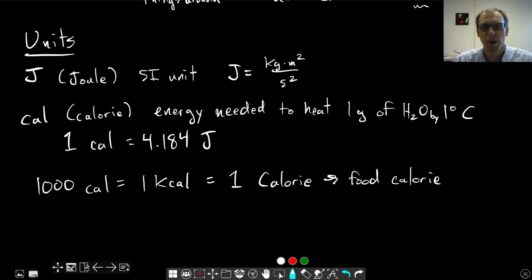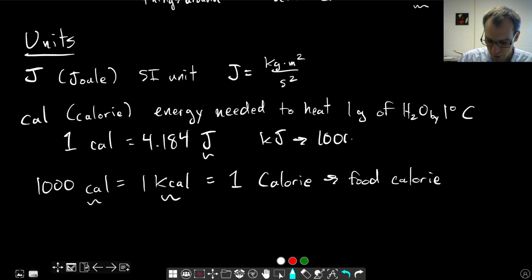It's how much energy is present in that food that you're going to eat and take into your body. And so that calorie is actually 1,000 of these little c calories that are 4.184 joules. Primarily in chemistry, you'll see calories, kilocalories, and joules. Another one that shows up, of course, is kilojoules, which will show up quite a bit, and is, of course, 1,000 joules. So just to reiterate some of those prefixes that we've seen, these are common units that you're going to see.